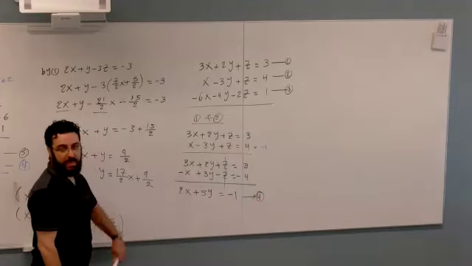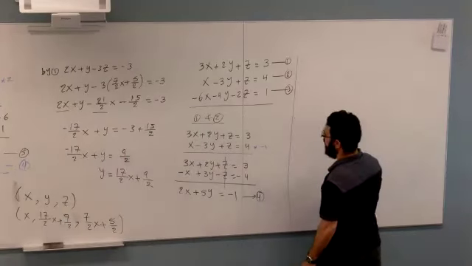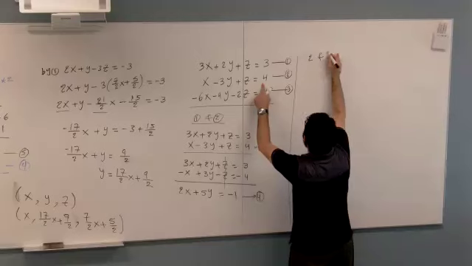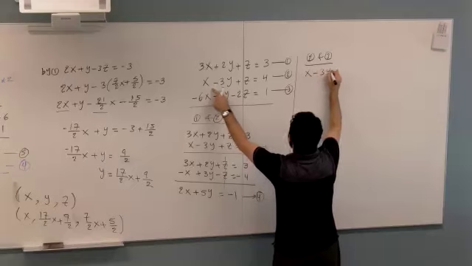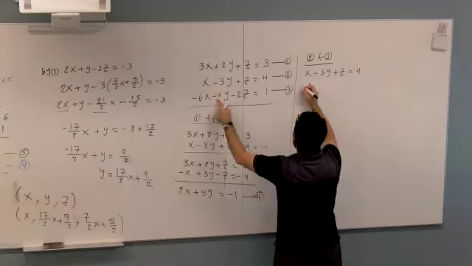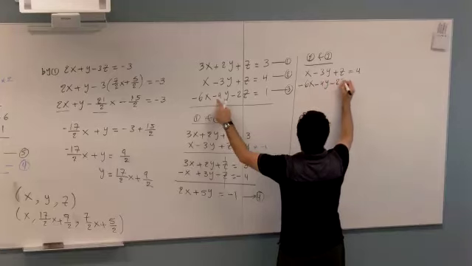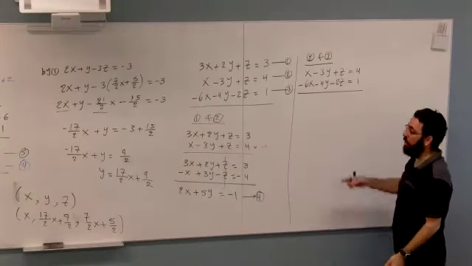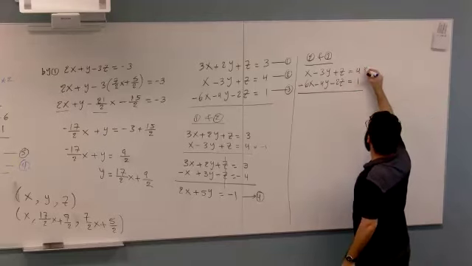Is that okay? Next option, we're going to choose what? 2 and 3. So 2 and 3. Let's see. x minus 3y plus z equals 4. And we have negative 6x minus 4y minus 2z equals 1. We have to consider the same variable, which is z. So I'm going to multiply the first one by 2.